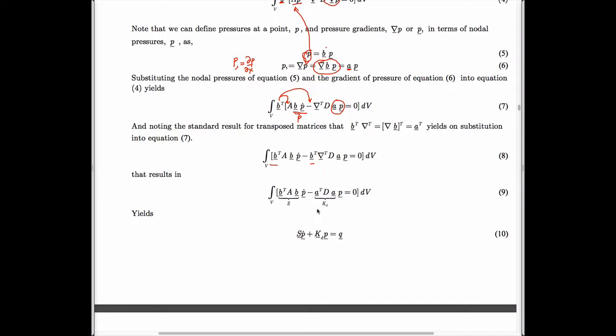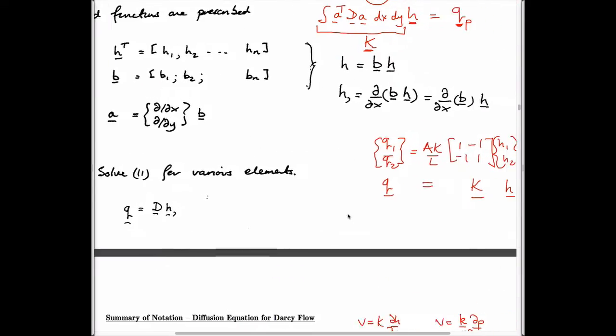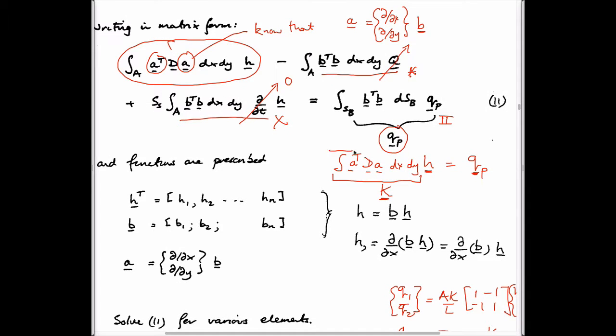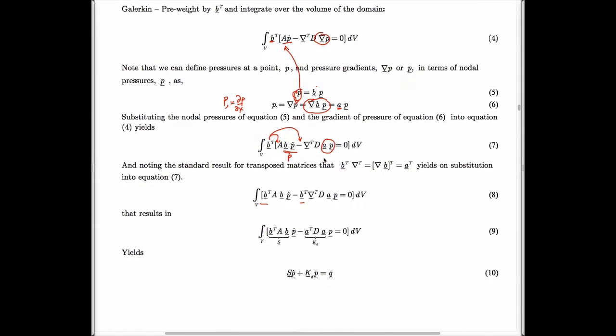But if we're looking only at the steady state part, this is A transpose dA times the pressure is equal to 0. And so really it's the same as this term here. It's basically this. So it's just deriving a different way. Maybe it's more compact. It's not particularly important, I don't think.